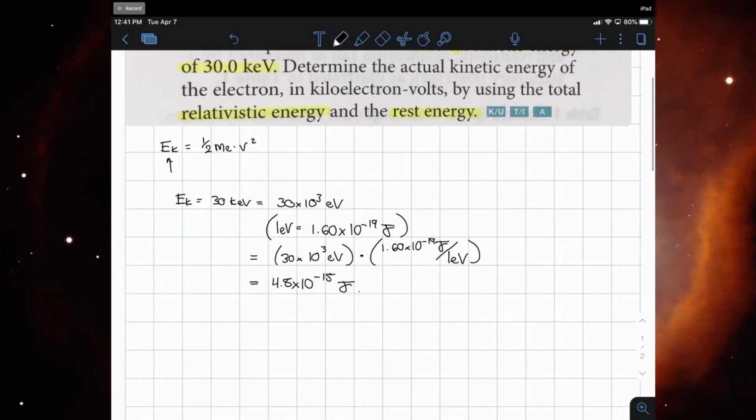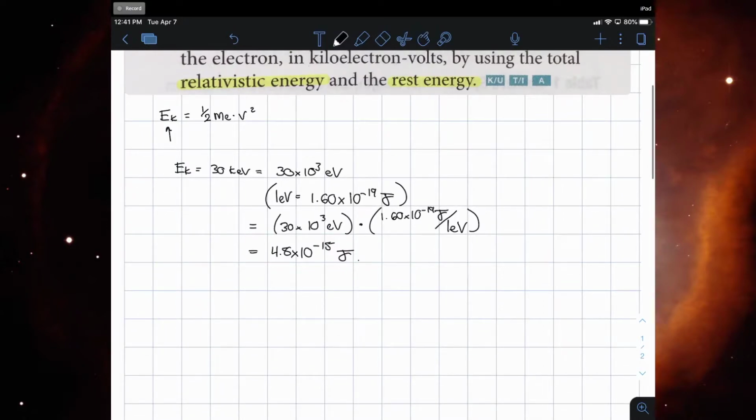Now we can use that to figure out what speed it's traveling at. The kinetic energy is equal to half mv squared, so I can rearrange this for the speed. v squared is equal to 2 times the kinetic energy over the mass, and I'll square root both sides.